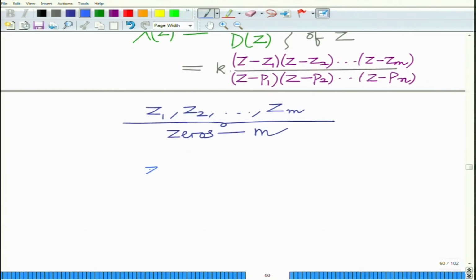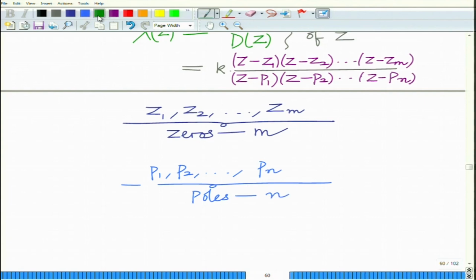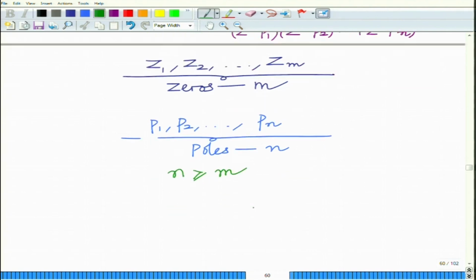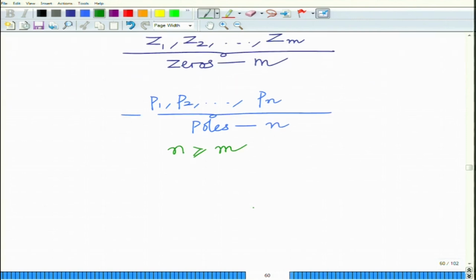And p1, p2, up to pn are obviously the poles. We have n poles, and let us assume that n is greater than or equal to m. Further assume all poles are simple, that is, there are no repeated poles.